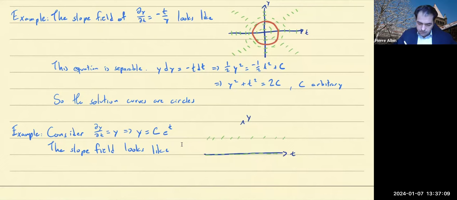These are all supposed to be parallel. Right, if y is small, the slope is small. If y is larger, the slope is larger.